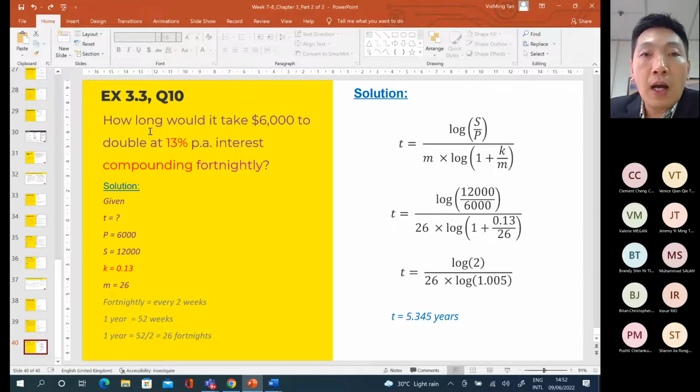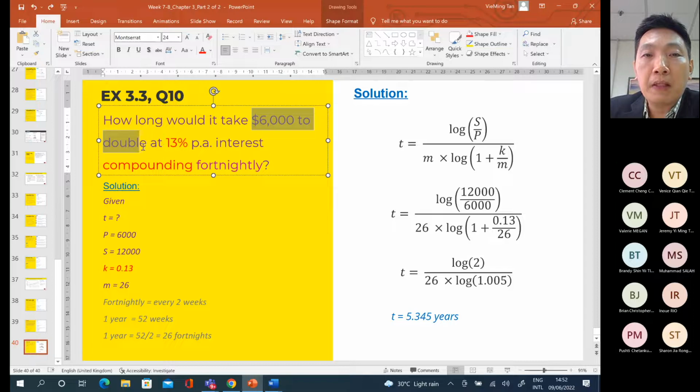This question: how long? That means you are asked to calculate the duration of the investment period. How long will it take $6,000 to double at 13% per annum interest compounded fortnightly? So what is the meaning of this part? $6,000 to double. That means the P value is 6,000, the initial investment.